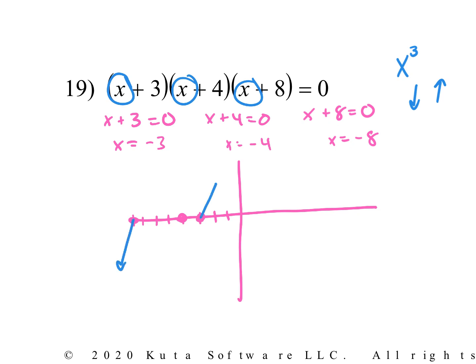Out of the right point, I have an up arrow, and then I just connect the dots in between. So my graph looks like this. Remember, your graph can look like this, or if you want, you can make it go like this. It doesn't matter, as long as you only touch the x-axis at those 3 points. Can't cross it anywhere else. Any questions here?